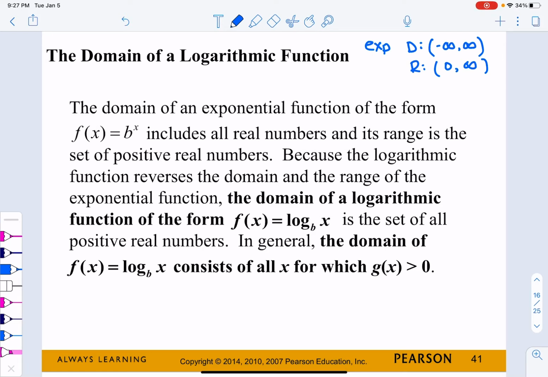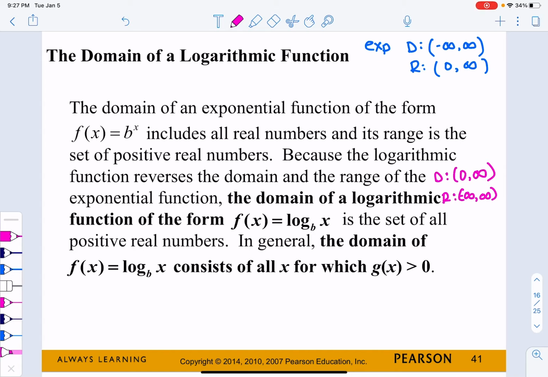And then it says because the logarithmic function reverses the domain and the range of the exponential function, this time our domain is going to end up being from 0 to infinity, our positive real numbers, and the range is going to end up being all real numbers, from negative infinity to positive infinity.